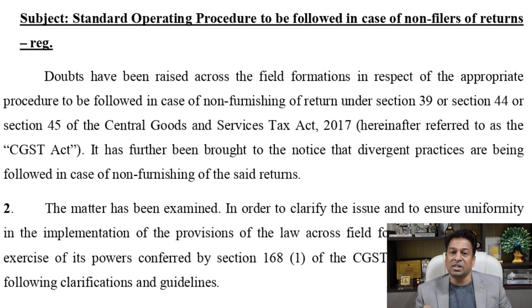Now, the return is GSTR 3B under Section 39, or annual return GSTR 9 and 9C under Section 44, or final return under Section 45, meaning thereby those who are not filing the return under Section 39 GSTR 3B, under Section 44, which is annual return or reconciliation statement 9 and 9C, or final return under Section 45.